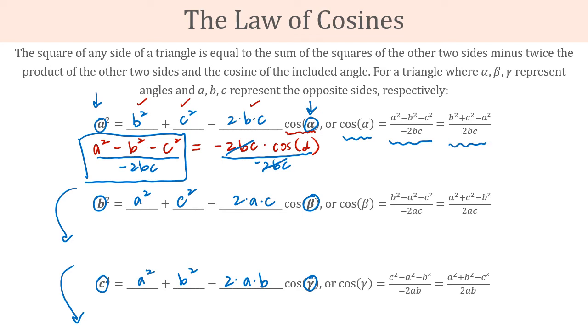Notice that we had a positive a squared, that turns into a negative a squared. We had a minus b squared, that turns into a positive. We had a minus c squared, that turns into a positive. And then because of that, the denominator also switches. So you can use either one of these formulas. You will typically see me always just remembering the basic form of the law of cosines, which is the one that starts with a squared or b squared or c squared.